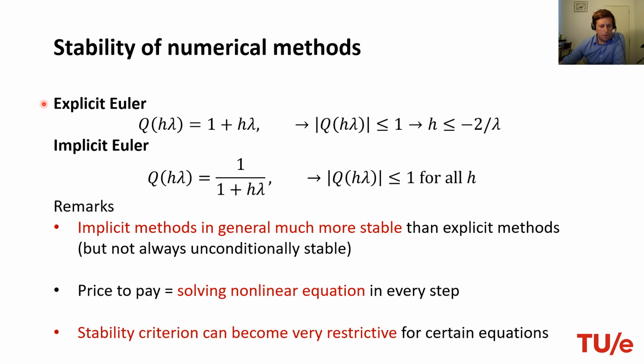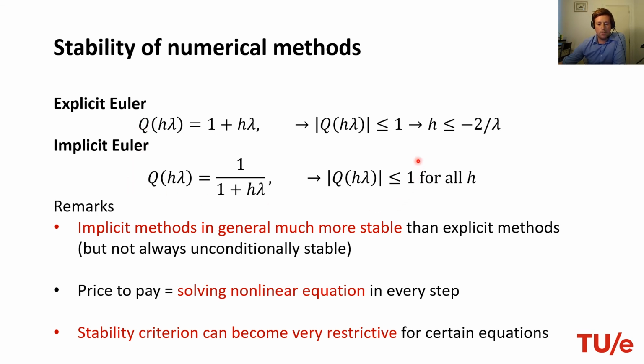Okay, let's sum up what we learned about stability of numerical methods. We only did a stability analysis of explicit Euler and implicit Euler. You could, in theory, also do this for all of the other methods that we've seen in this chapter. And they all have their own amplification factor.